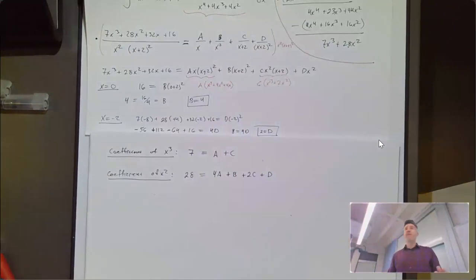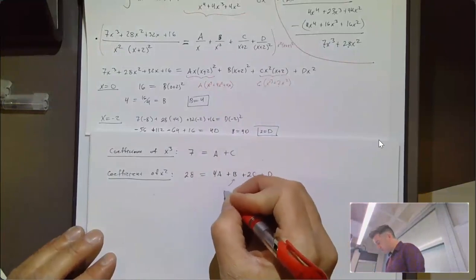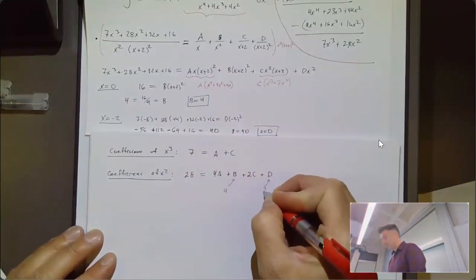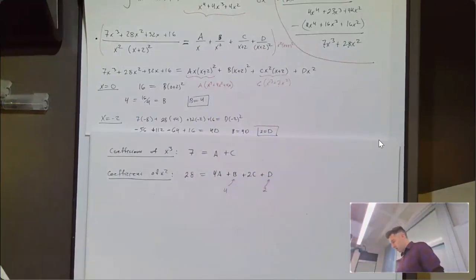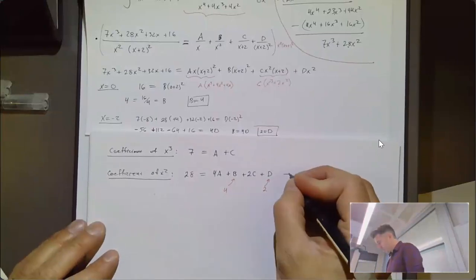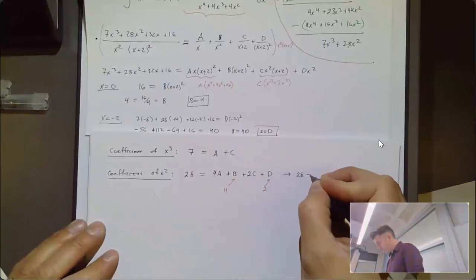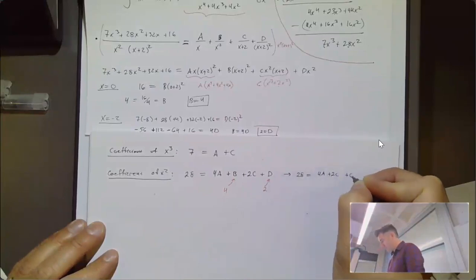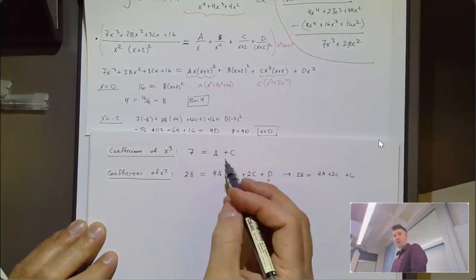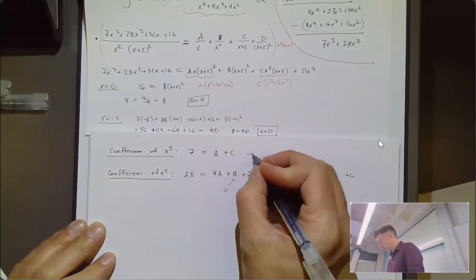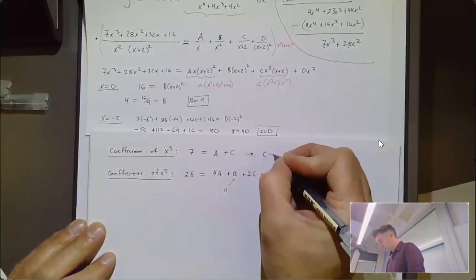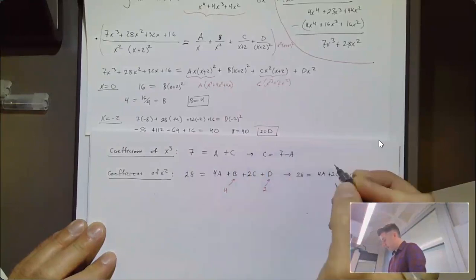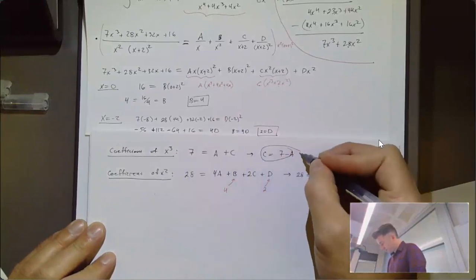Now we have enough because we know that b is equal to 4 and d is equal to 2. So we can say 28 equals 4a plus 2c plus 6. Then I can solve one of these for a or c. So c equals 7 minus a, and I'm going to plug that in.